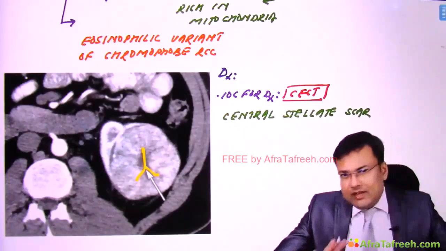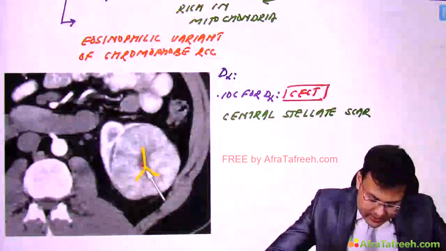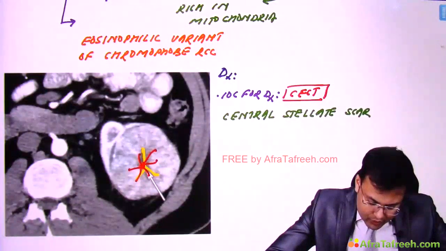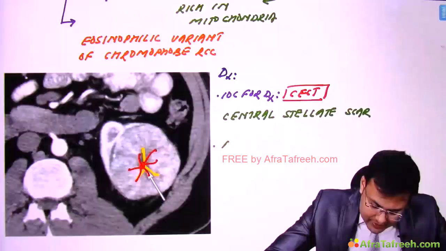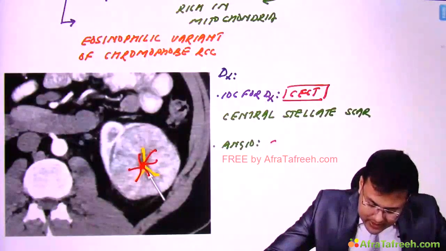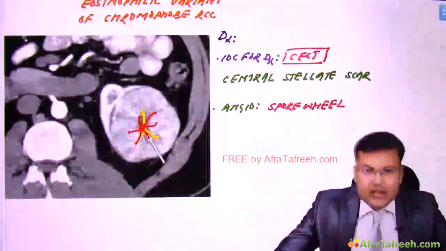Okay. And whenever we perform angiography, what kind of appearance is seen? There is a cartwheel or spoke wheel appearance. So on angiography, there is a spoke wheel appearance. Clear?